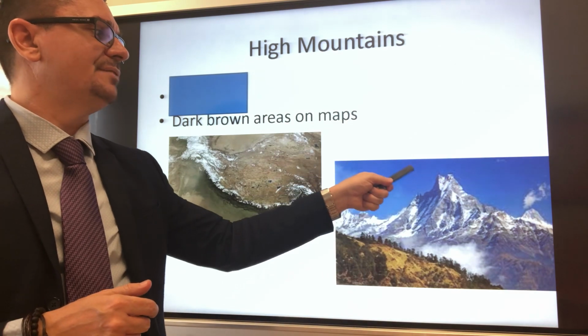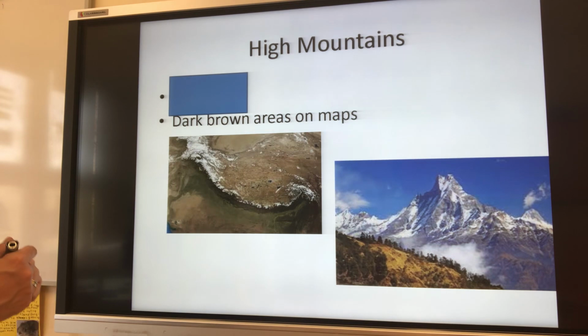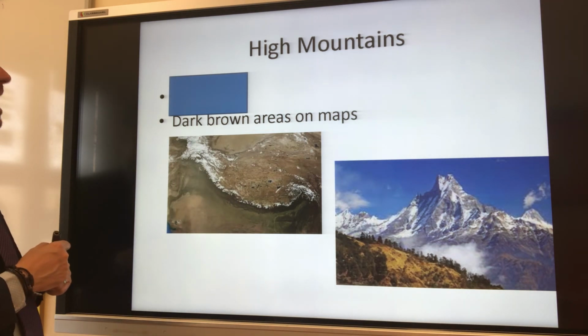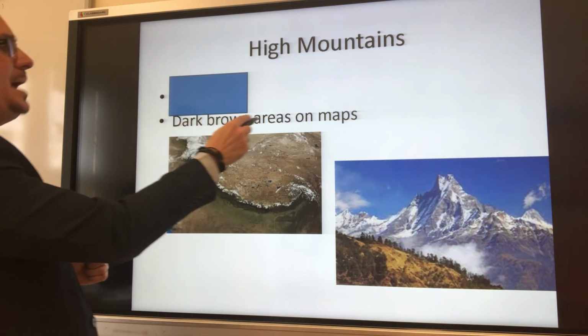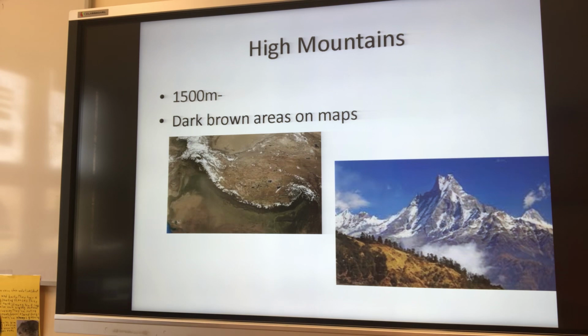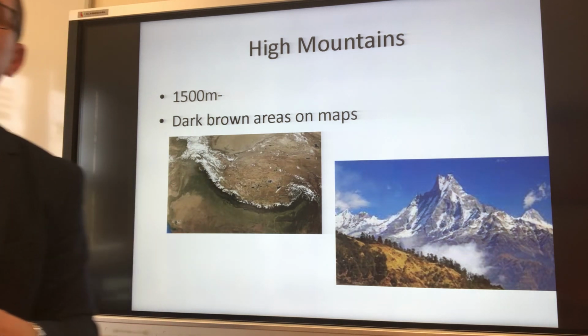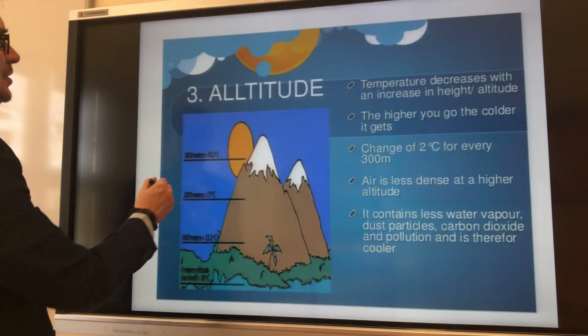Really often they have snowy peaks and they form gigantic chains on maps of the planet. The color, dark brown areas on maps. And how tall are they? Above 1,500 meters tall. So please write down this information as well.